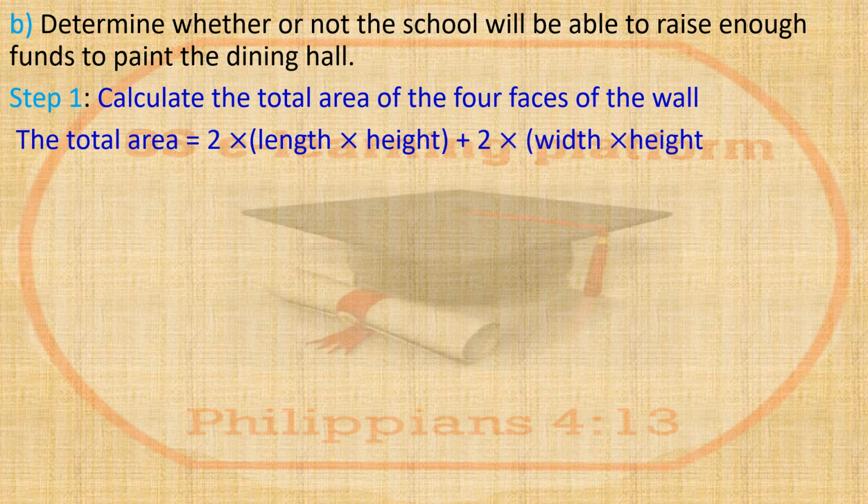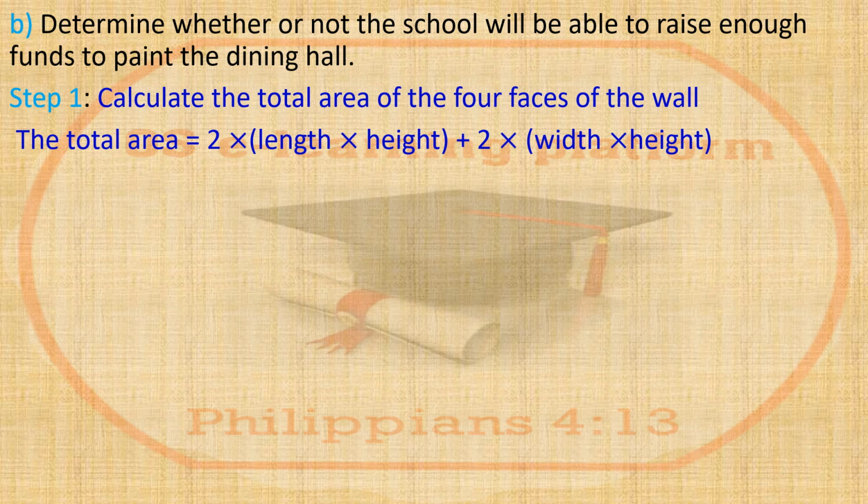So the total surface area will be twice the area of 2 faces that are similar. And for the area of those 2 surfaces, I will get length times the height. There are 2 faces that have the same length and the same height, so I will just multiply by 2.